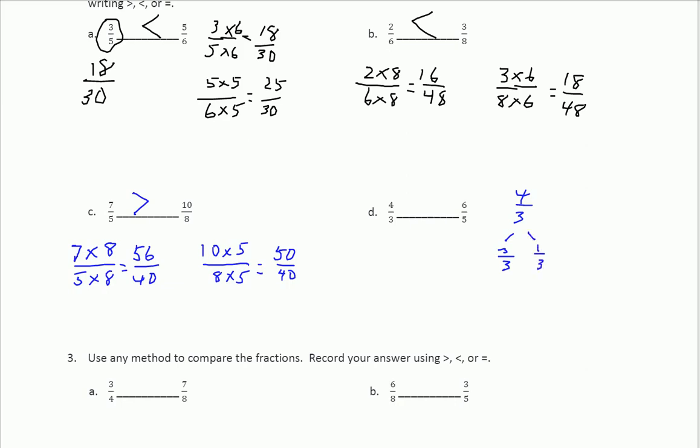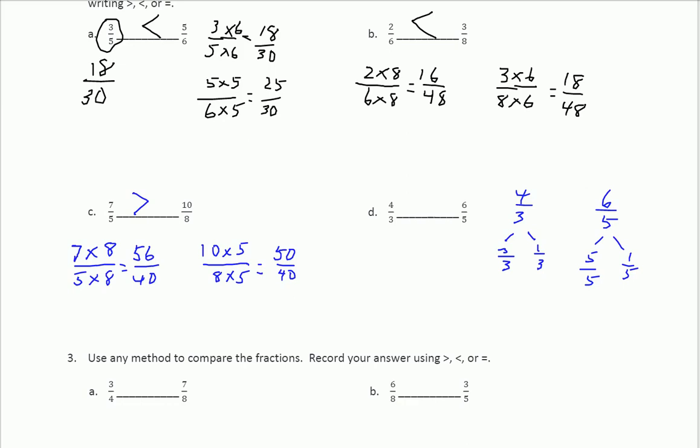And over here for 6/5, I'm going to change that into 5/5 and 1/5. Okay, so the way I look at this one here is that 1/5 is greater than 1/3.